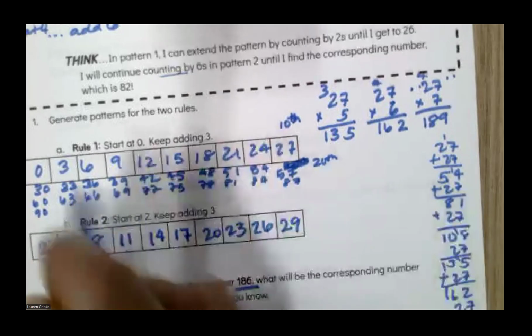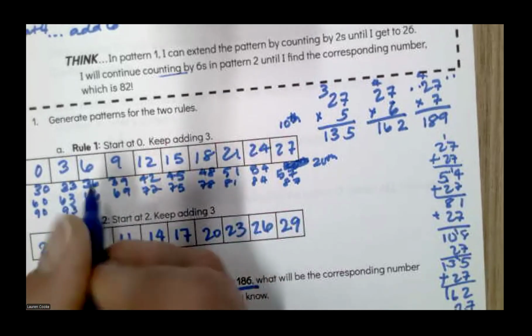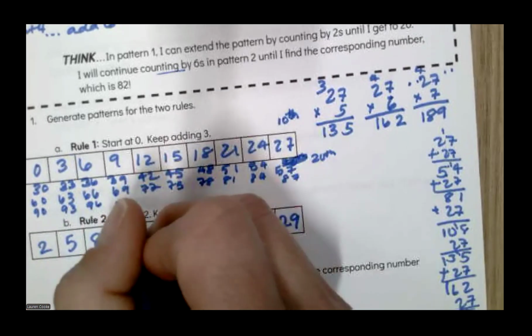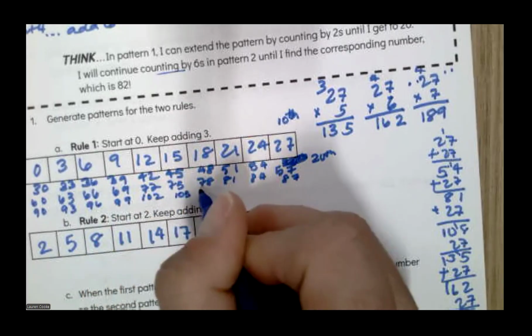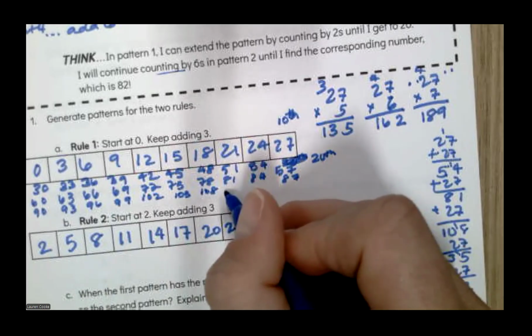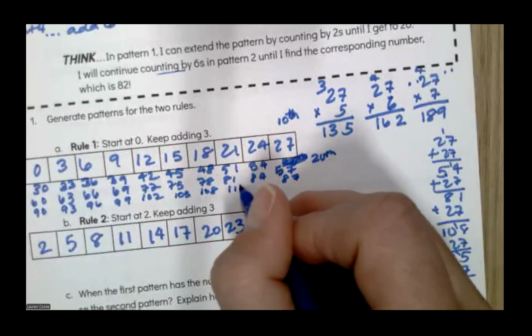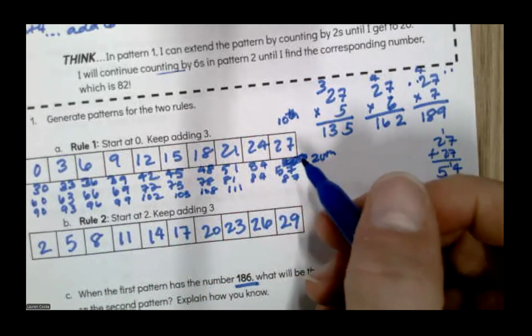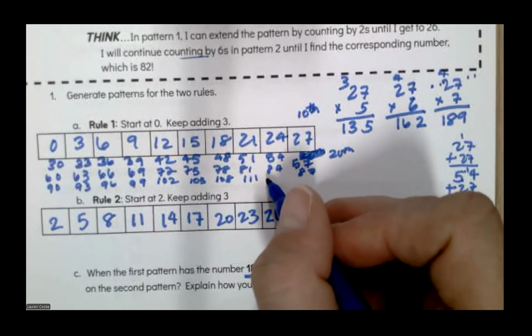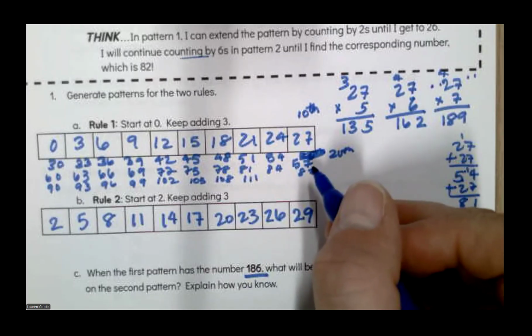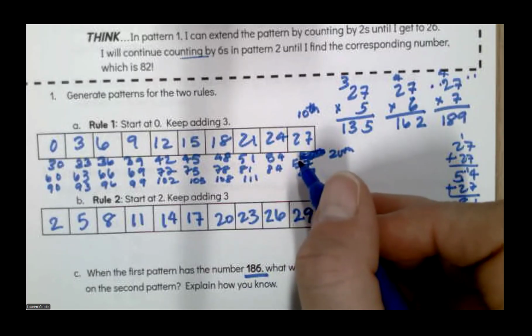Oh, there's some sort of pattern here. 93, 96, 99, 102, 105, 108, 111. I see a pattern now. Hold on. Adding 30.